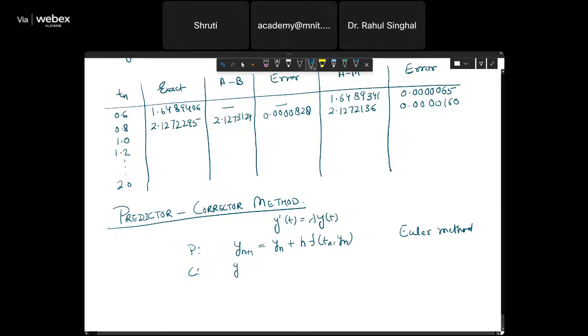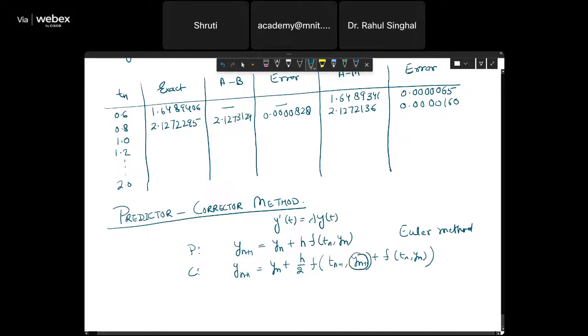This gives the approximate solution at n plus 1 as yn plus h by 2 of f at tn plus 1, yn plus 1, plus f at tn, yn. What is happening here?